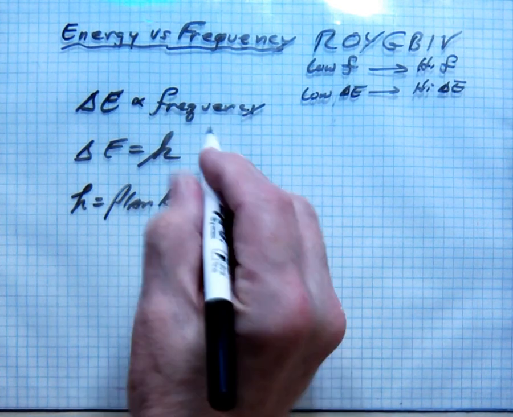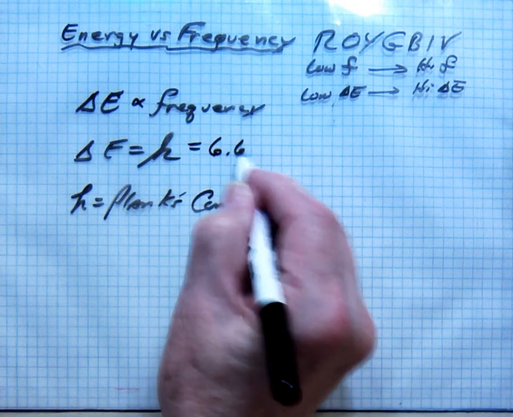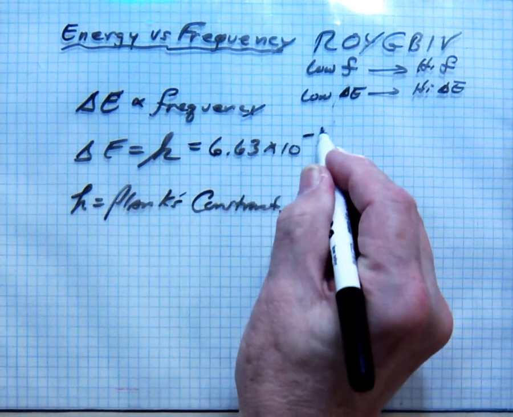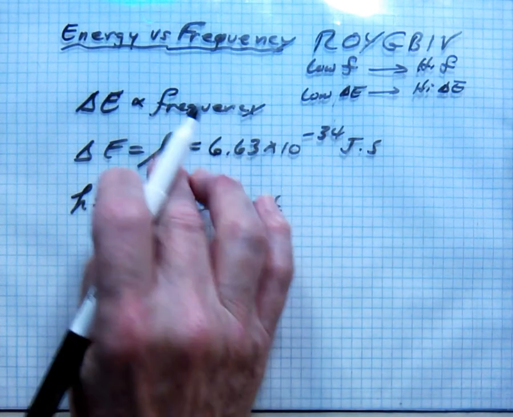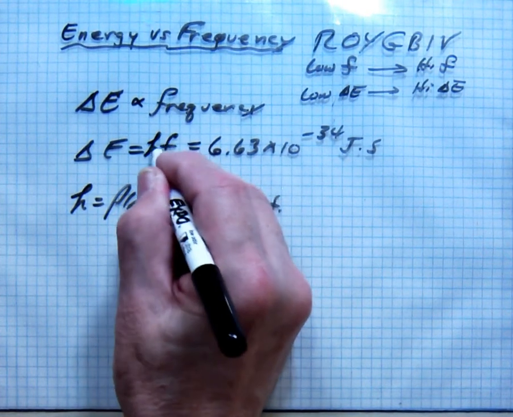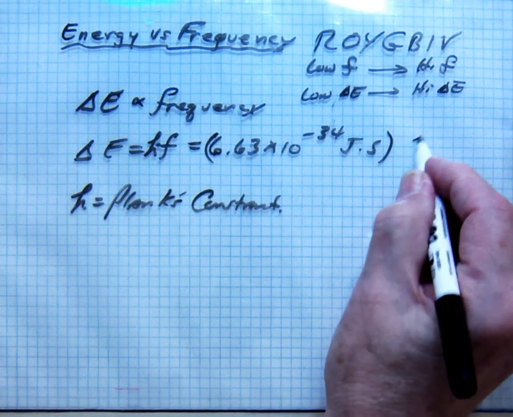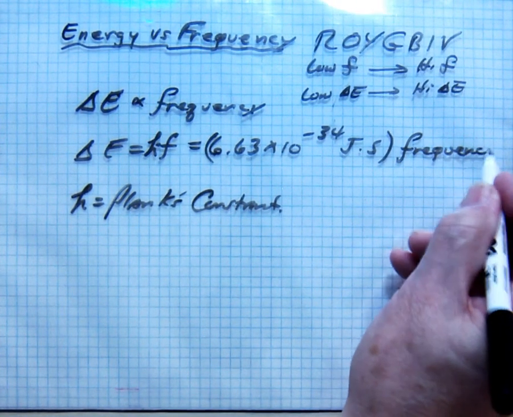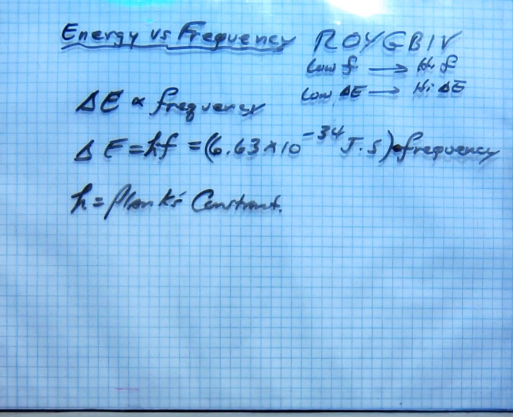It will be attached to your reference sheet, and it is 6.63 times 10 to the minus 34 joule seconds. That's your hf: 6.63 times 10 to the minus 34 joule seconds times frequency. So you'll always have that little constant in there. So given frequency, you can calculate the energy in terms of joules.